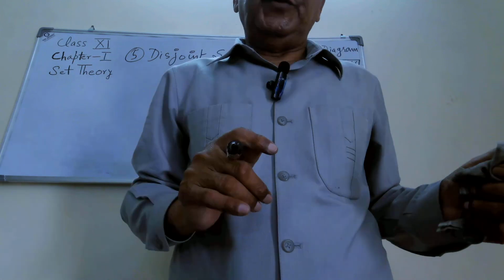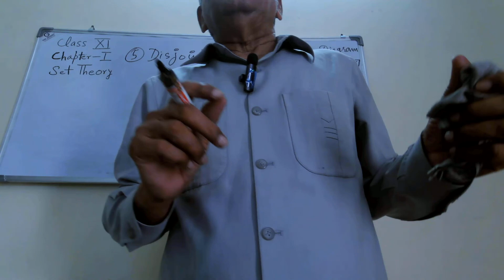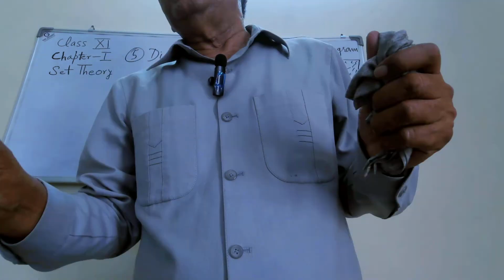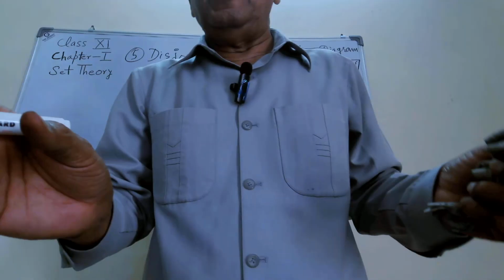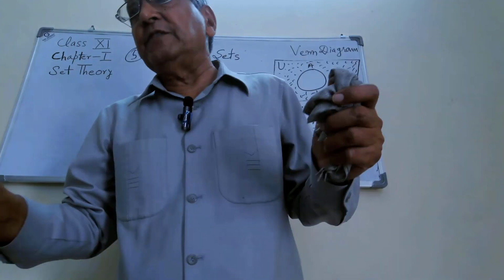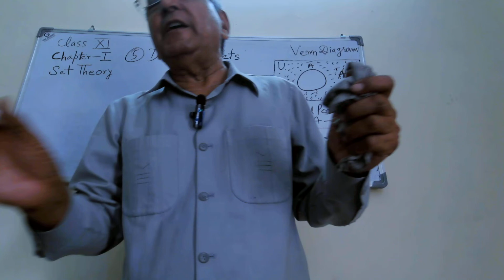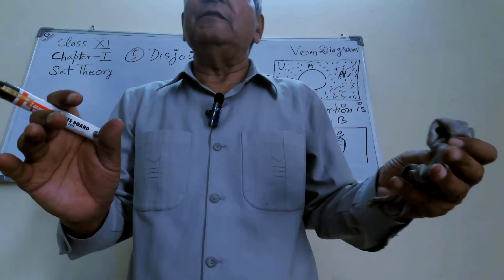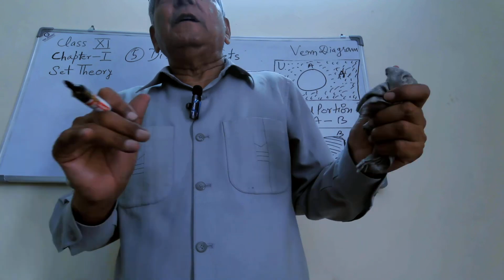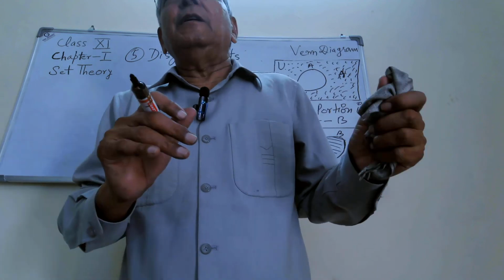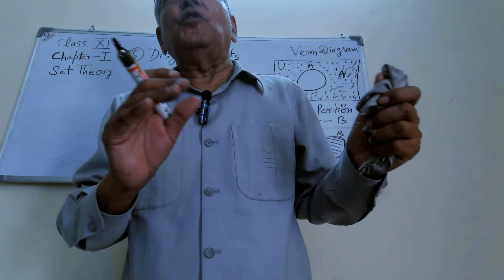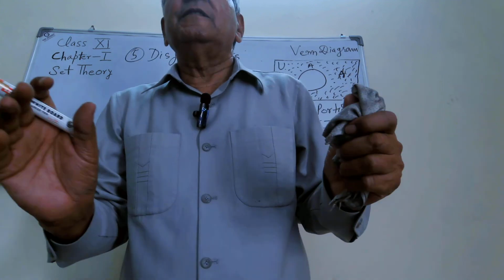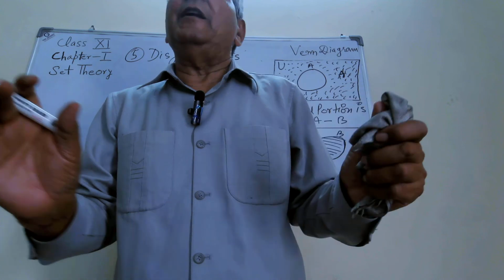If all the elements of A are not the element of B, and all the elements of B are not the element of A, then A and B both are disjoint sets. In other words, if the elements of A and elements of B are different, then A and B are disjoint sets.